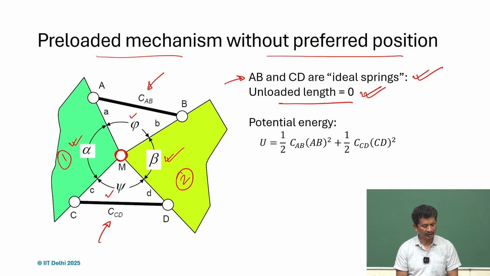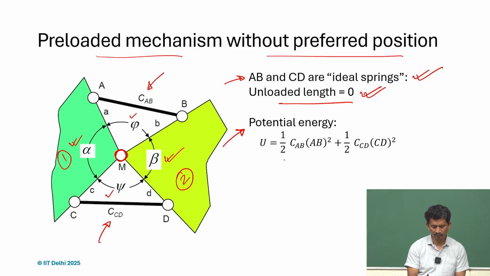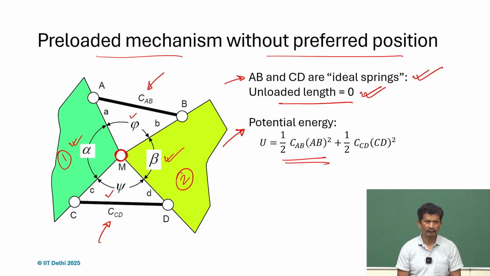If that is the case, and we want to write the total potential energy, then for spring AB it is half the stiffness CAB times AB square. AB is the total deflection because of this condition, ideal spring, zero length spring.